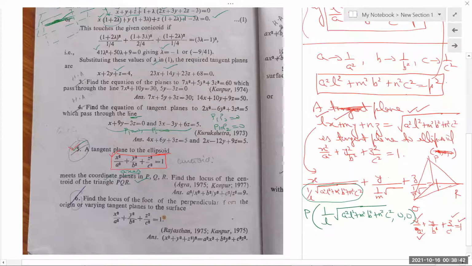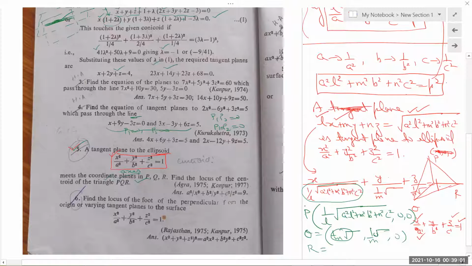Similarly, one can write the coordinates of Q as 0, 1 by M into this root term, comma 0, and the coordinates of R.